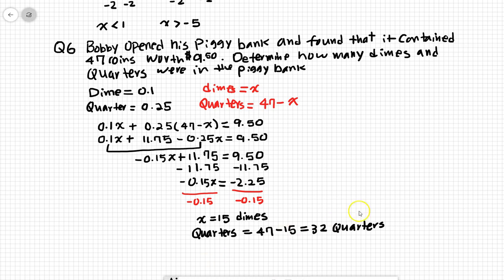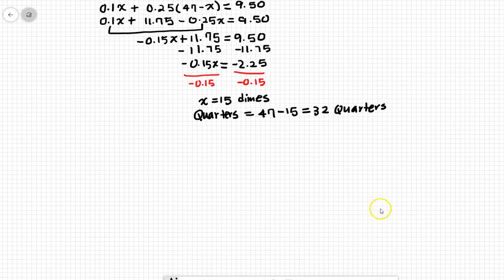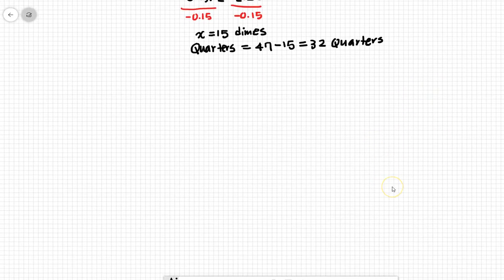Okay, now let's move on to the next question. As I said, you're only going to have 9 questions here, so we're almost there. So the next question here is the linear graph.